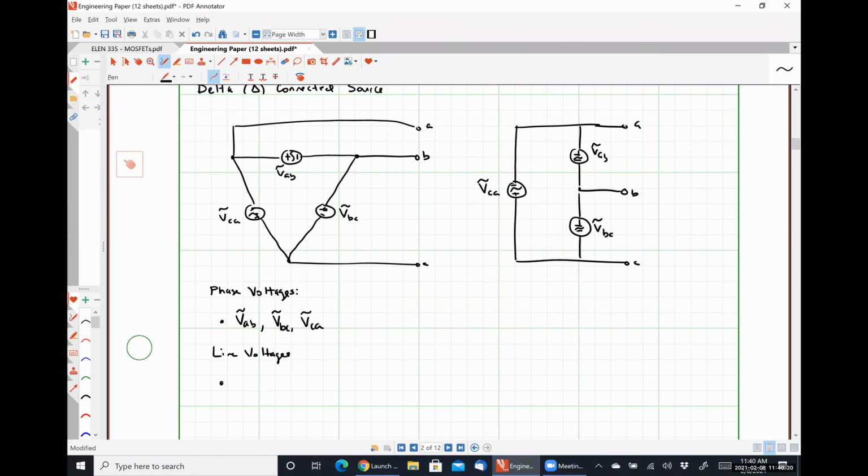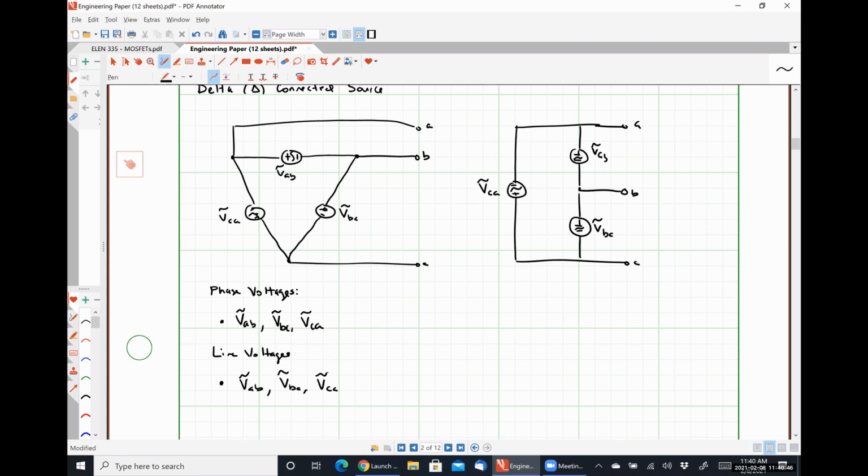So if I'm looking at the voltage between transmission line connection A and transmission line connection B, what voltage do I see? VAB. What about between B and C? VBC. And obviously between C and A, we have VCA.